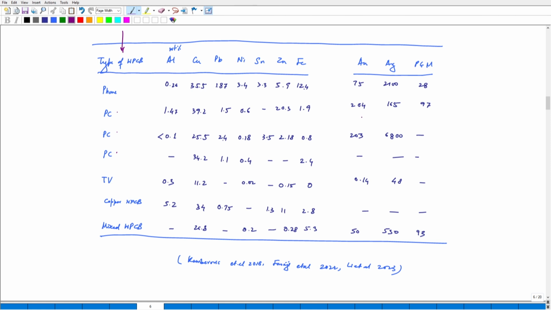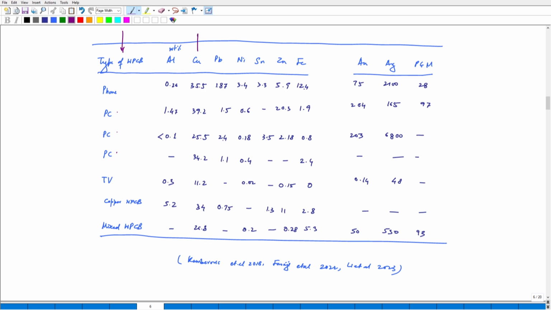This data tends to fluctuate a lot if we are looking at a specific category of PCB, which is why we were discussing so much about why we need to isolate PCBs and sort them. We see that copper is one of the most important elements, followed by, let's say, lead or nickel or tin or zinc, but it depends on what type of PCB we are looking at. And right now we are looking at the PCB itself, the board, and not the ECs.